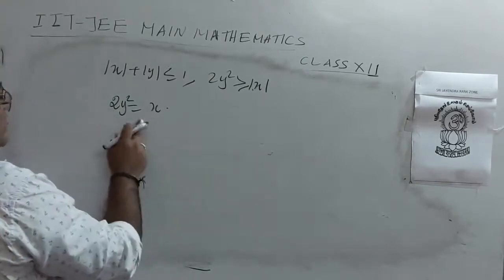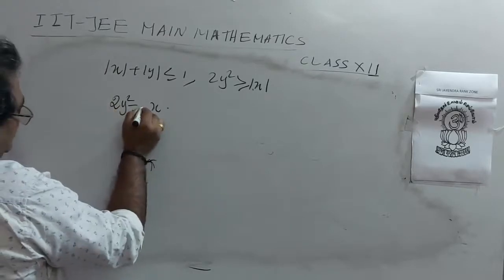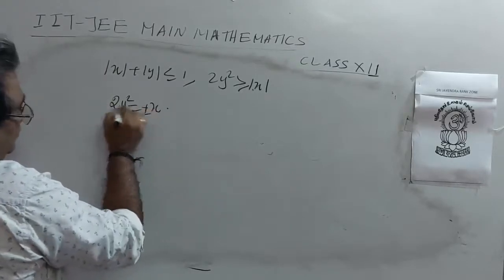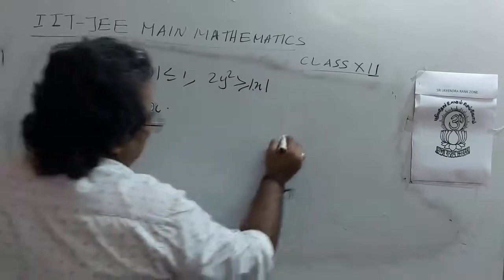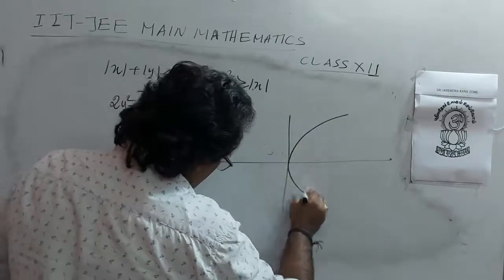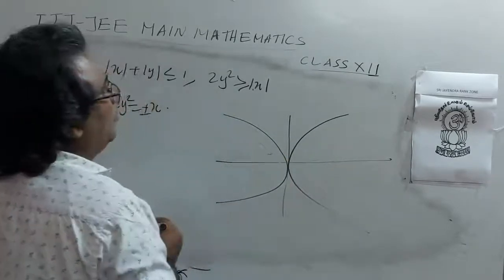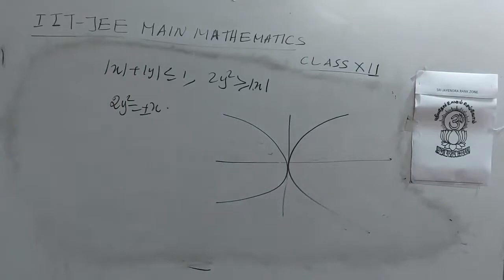Taking modulus x on both sides means plus or minus x, that is y squared equal to x and y squared equal to minus x.